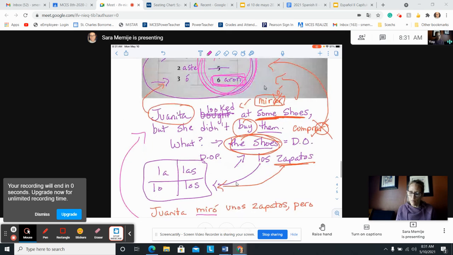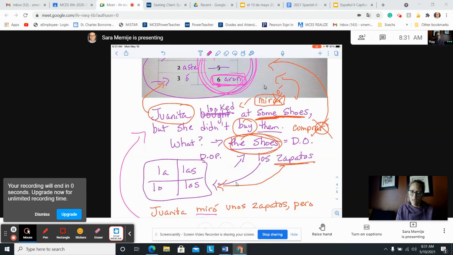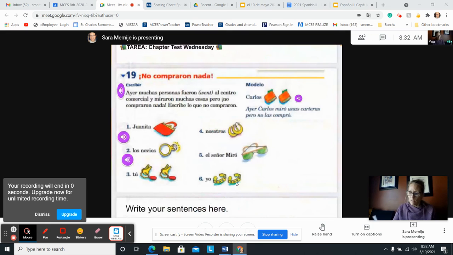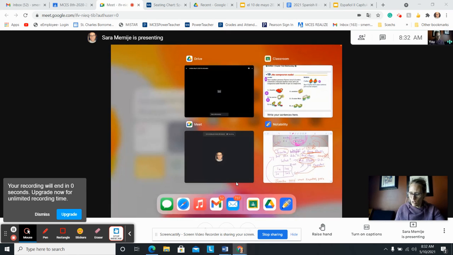It's now going to go up to this 6 box and use the ending aron. Miraron, compraron. Okay, I want you guys to do this activity. It's going to help you practice your preterite verbs and your direct object pronouns together. And then, like I said, follow the rest of the directions on the slide.